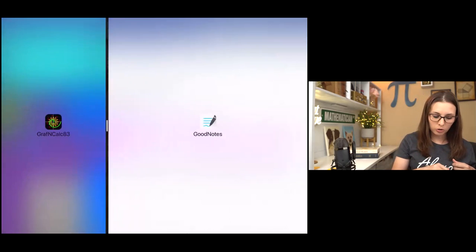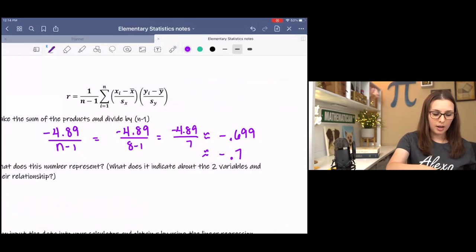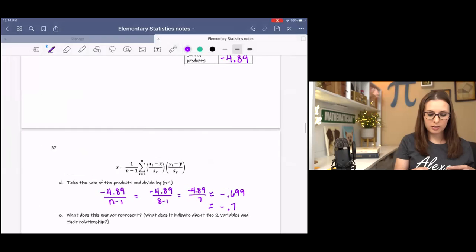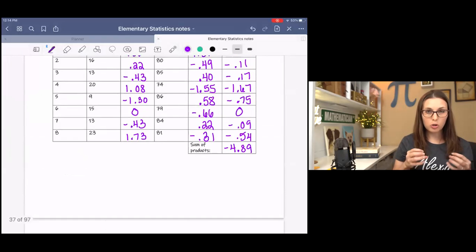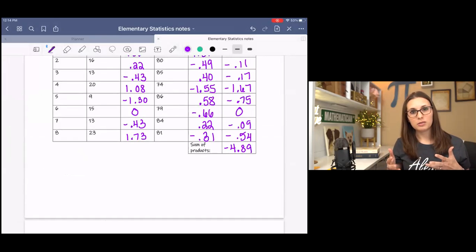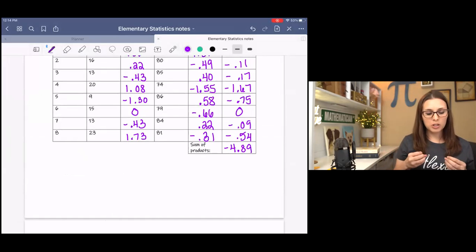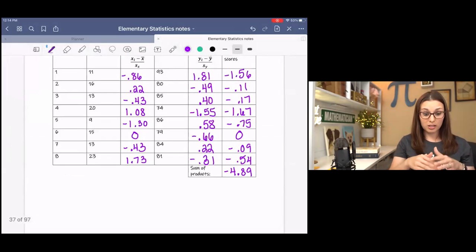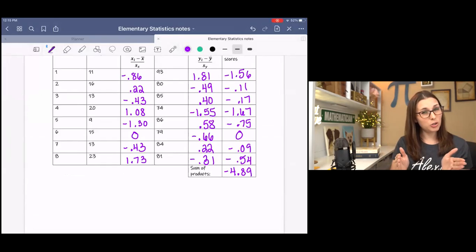I mentioned earlier that I'm paranoid about my rounding. And the reason for that is because if you round too much early in the problem, then your final answer is going to end up being way off. And so generally speaking, when I'm going through this part of the problem, this big table, I'll usually go a little bit further than I actually need to.